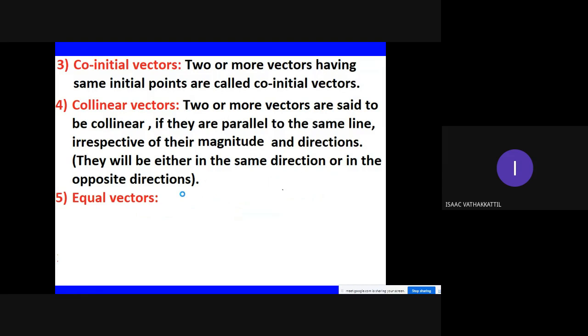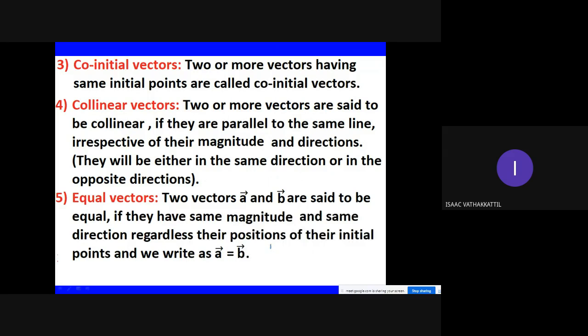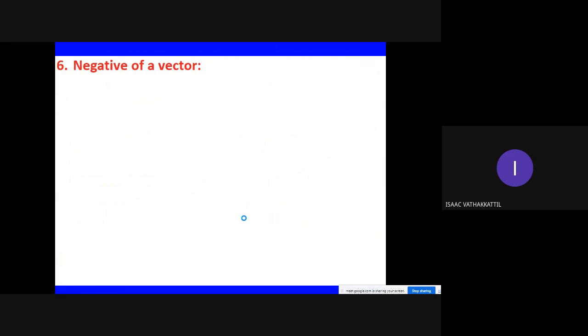Equal vectors. Two vectors A and B are said to be equal if they have the same magnitude and the same direction, regardless of the positions of their initial points. Even if they have different initial points and different terminal points, if they are in the same direction with the same magnitude, they are called equal vectors.